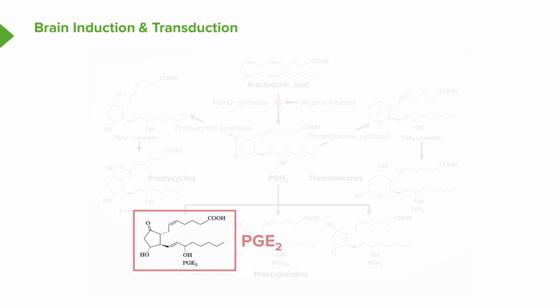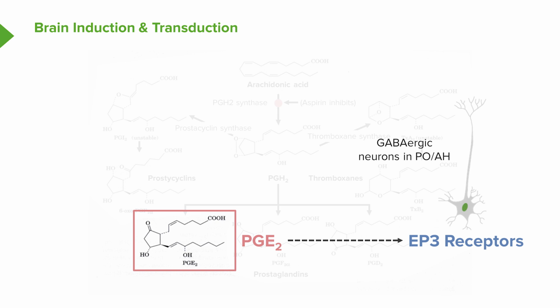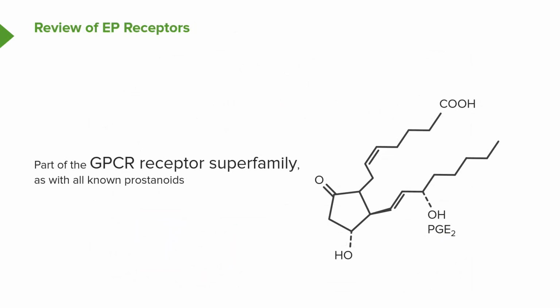PGE2 signals EP3 receptors on specific neurons that are located in the preoptic anterior hypothalamus. So this is the signaling mechanism by which a prostaglandin will stimulate a certain neuron, and that neuron then will cause the fever response. So this is PGE2 located on the slide.